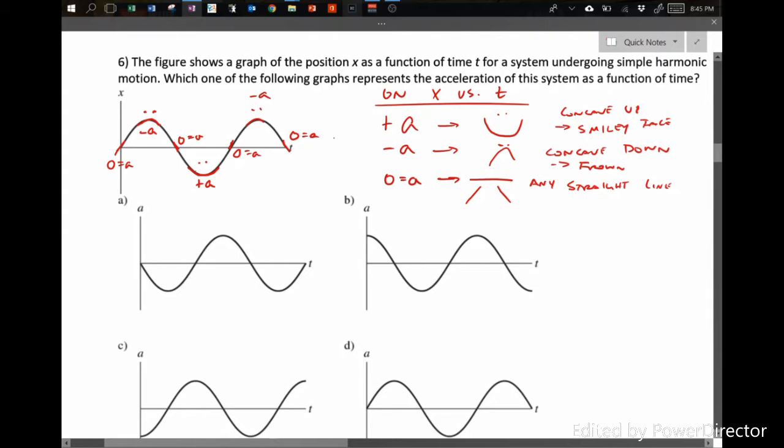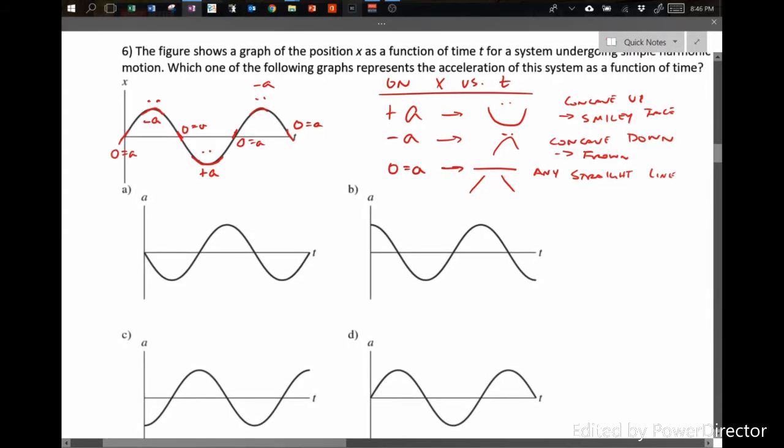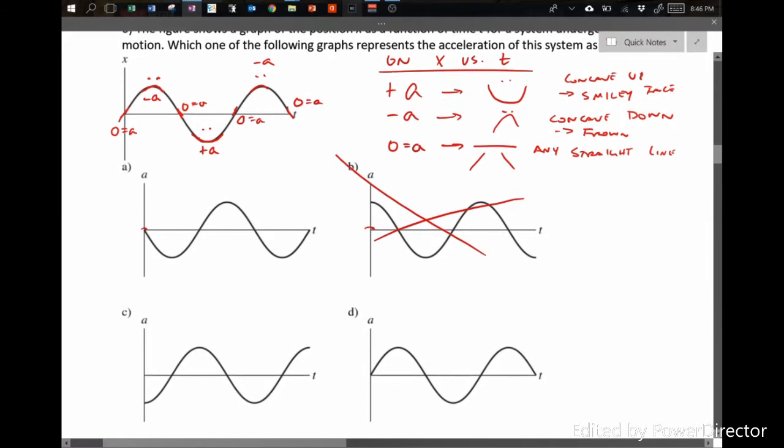All right, so let's look at our acceleration graph. I want to start off with 0 acceleration. So B is out, and C is out. And down here, that's negative acceleration, 0 acceleration. Up here, it's positive acceleration. Here, it's 0 acceleration.